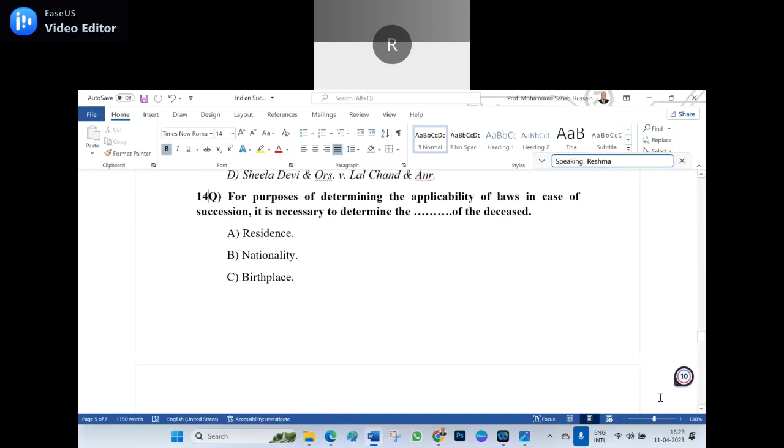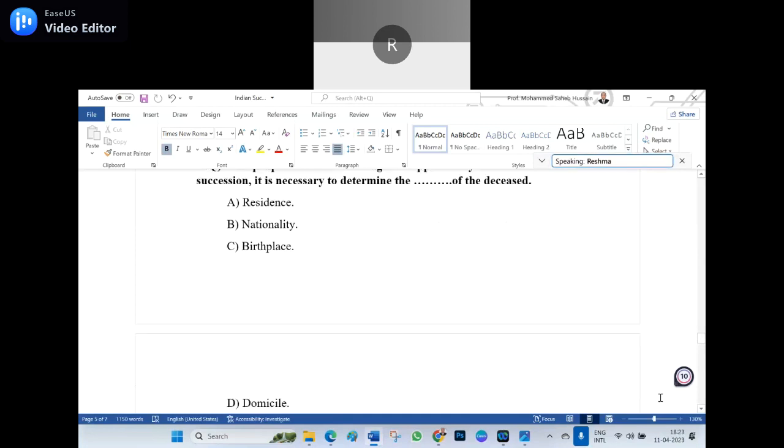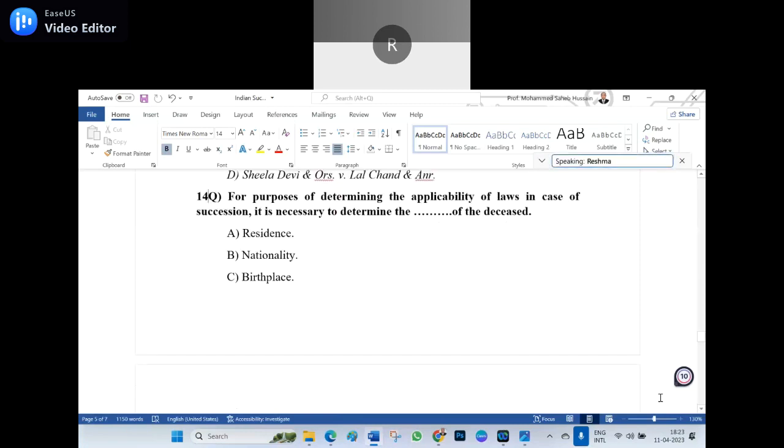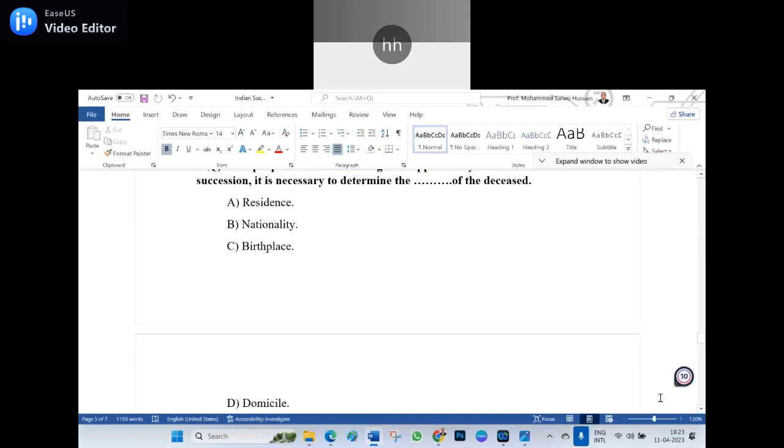What is the dash? Question does not appear, sir. For the purpose of determining the applicability of the laws in the case of succession, it is necessary to determine the dash of the deceased. Is it the residence, the nationality, the birthplace, or the domicile?